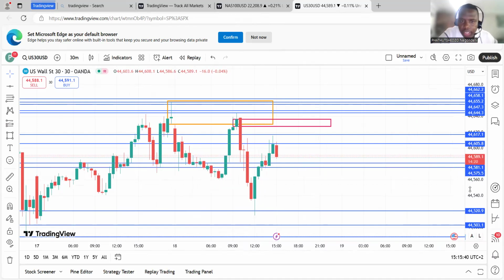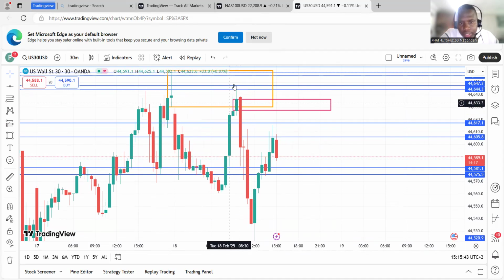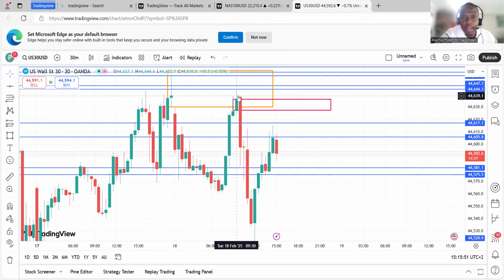But let's not forget, guys, we did talk about this area, that this area is a potential sell area. Just that when this movement happened, I was not around. I was going to tell you what I'm seeing, right? I was out, as I told you guys I'm going to run some errands. So when this sell happened, I was not around. But when it was here, I was still around.